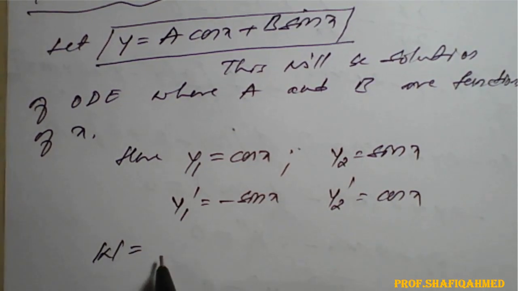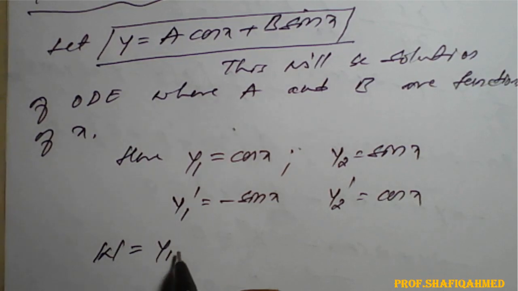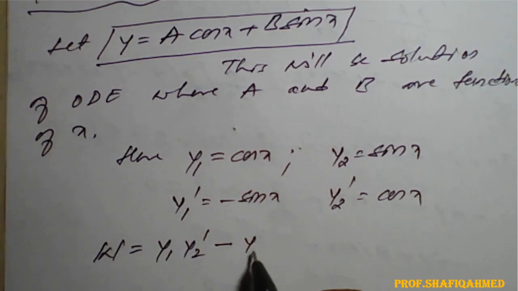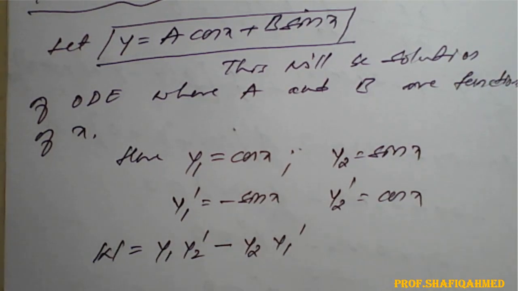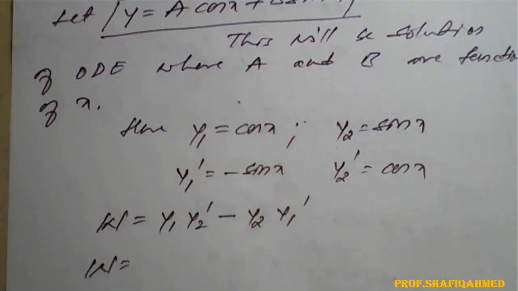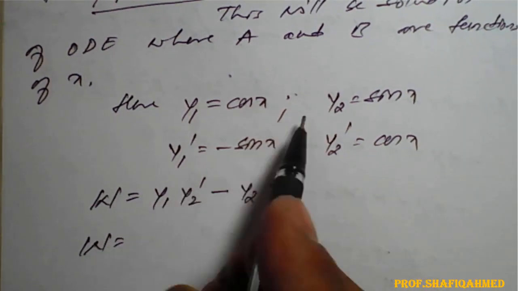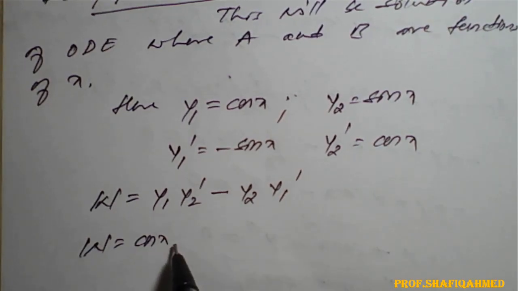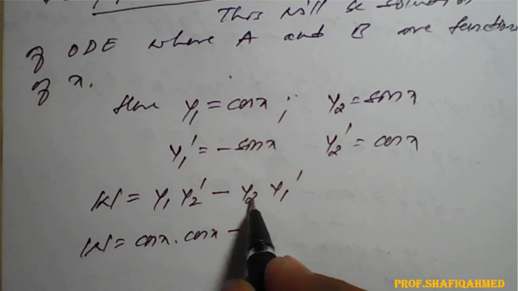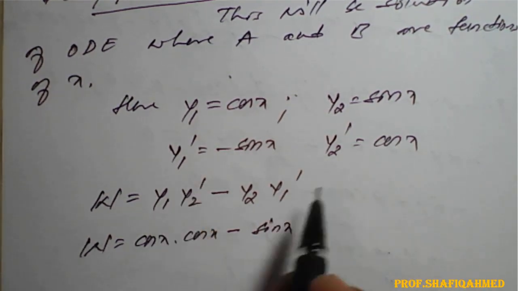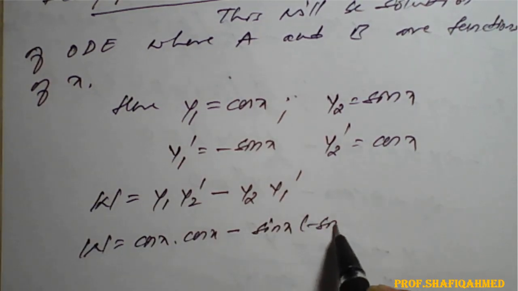So w is given by the formula y1 into y2 dash minus y2 into y1 dash. So this is the formula for w. So w is equal to y1, which is cos x, times y2 dash, which is cos x, minus y2, which is sin x, times y1 dash, which is minus sin x.